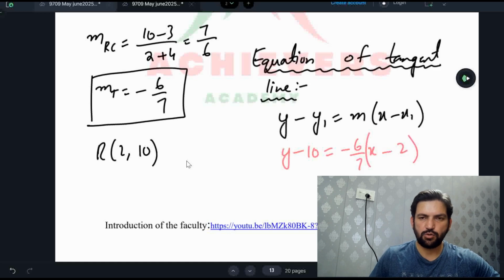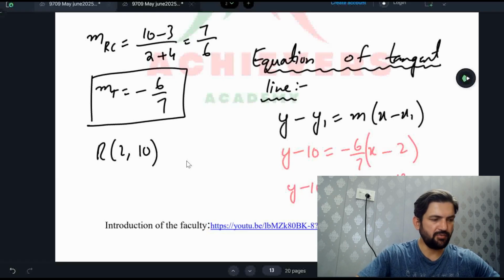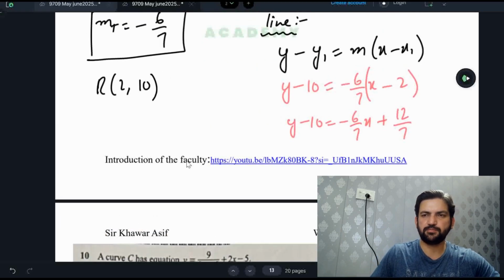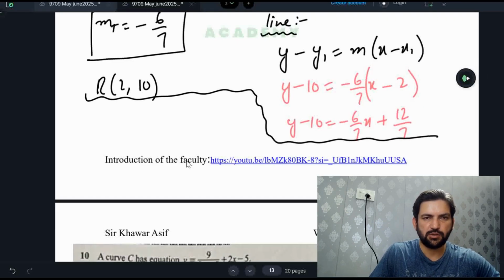So y minus 10 is equal to minus 6 by 7 x plus 12 by 7. If we simplify it further, we can write it as 7y minus 70 is equal to minus 6x plus 12.